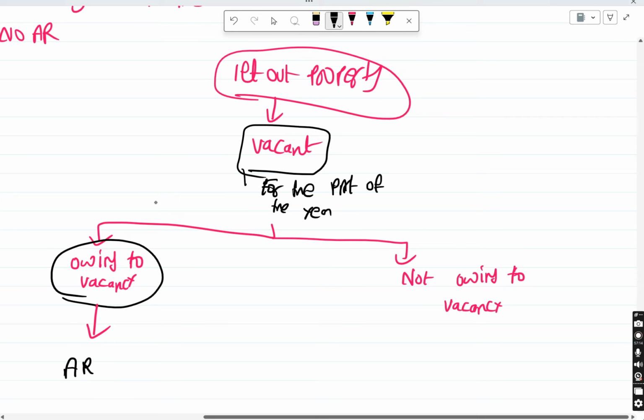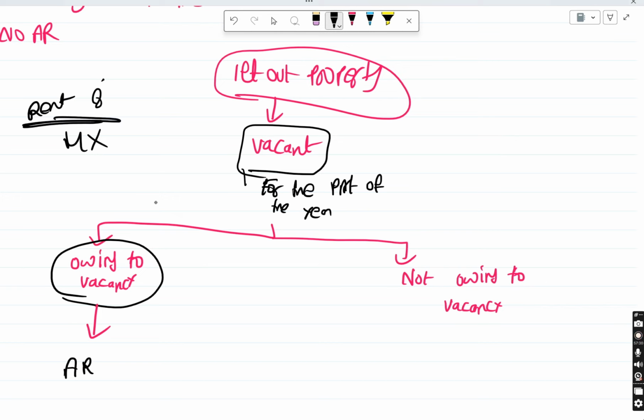Let's just say I have given rent for 6 months, or let's take 8 months, and for the remaining 4 months it is vacant because there is nobody to occupy my house, right? I cannot give rent to people for 4 months. Then actual rent means you collected rent only for 8 months, then actual rent is equal to GAV.